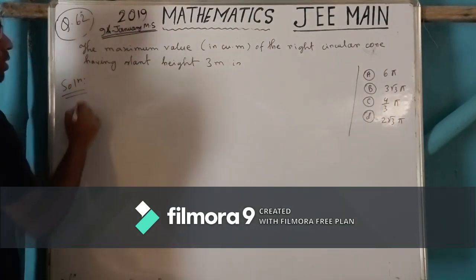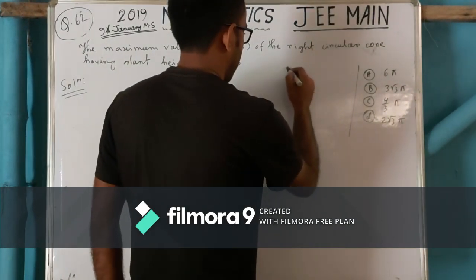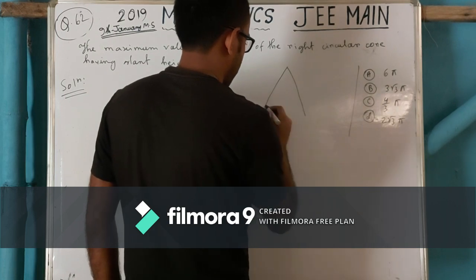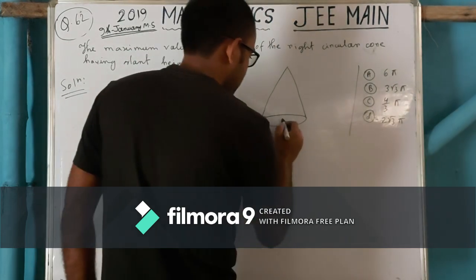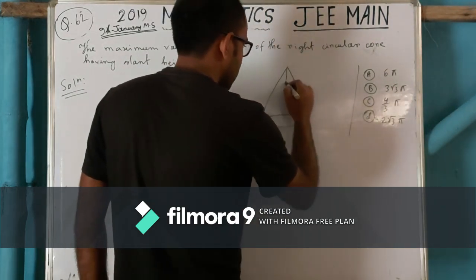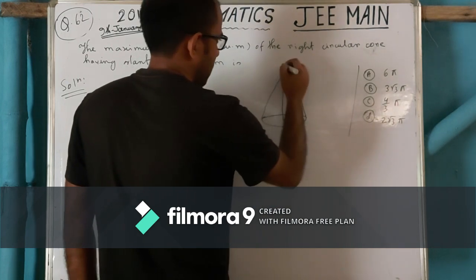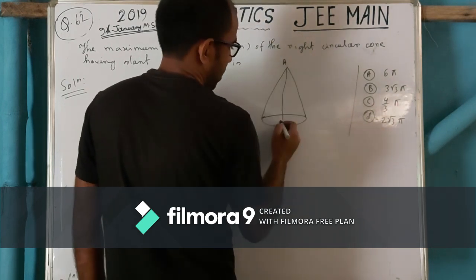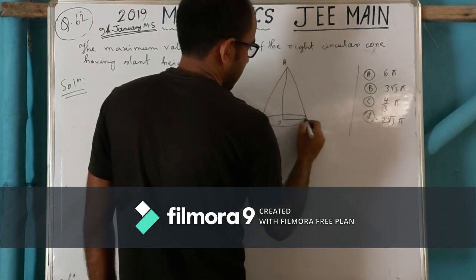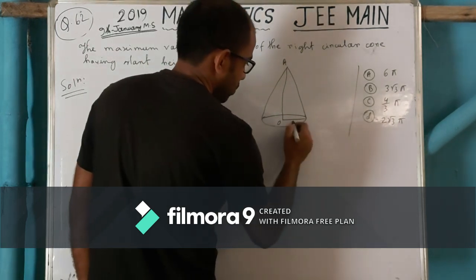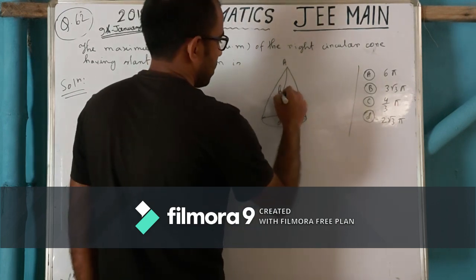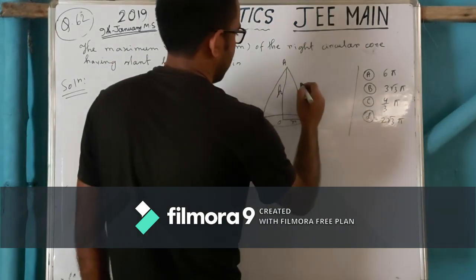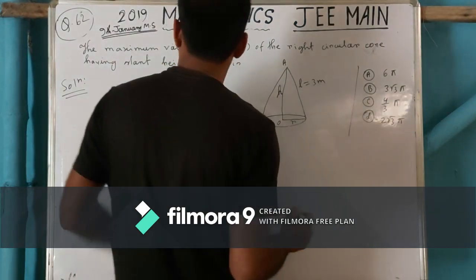First we draw the figure of the right circular cone. This is the vertex. Suppose this is called A and this is O. And this is the radius of the circular portion, so we say R. And this is the height, we say h, and slant height L equal to 3 meter, which is given.